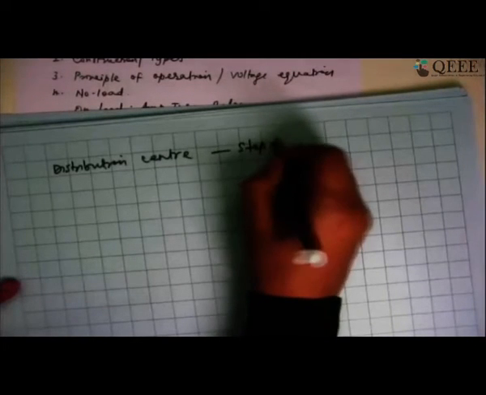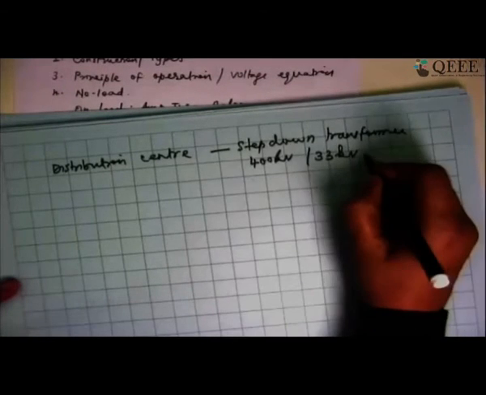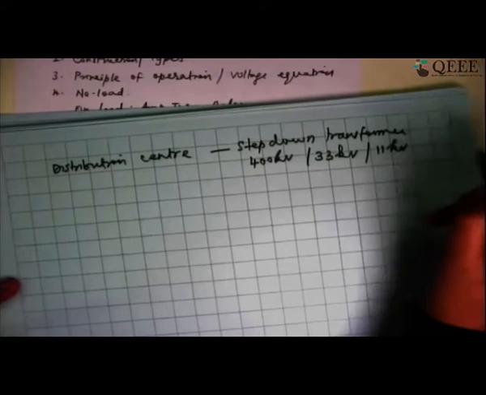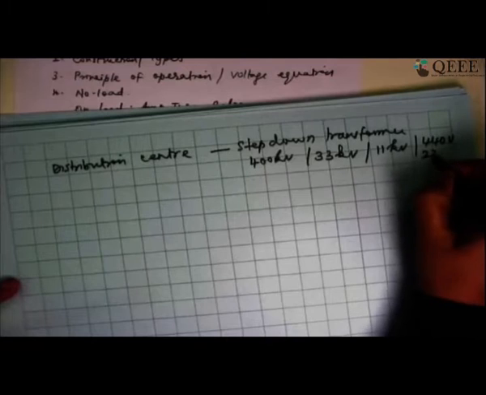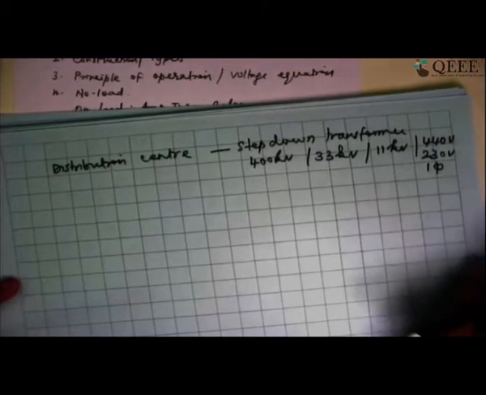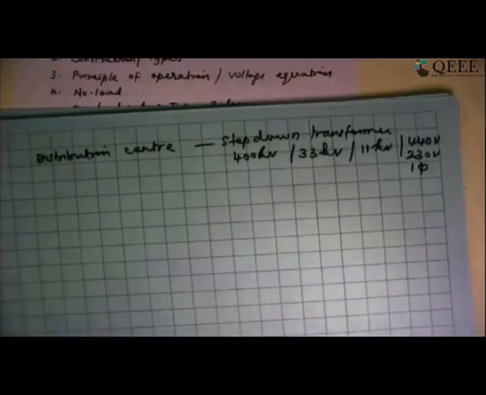And when it comes to the distribution center, I am essentially going to have a step down transformer where it will be stepped down from 400 kV to say 33 kV. From 33 kV further it may be taken to 11 kV. From 11 kV it will be taken to 440 volts and 230 volts single phase. So these are the various step down options.